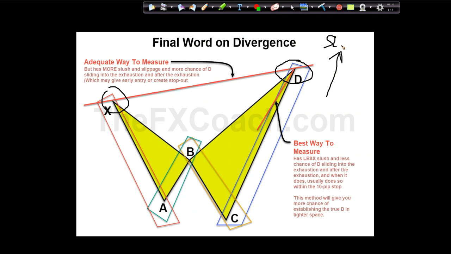You introduce slush in that measure. We want to keep it low. To keep it low slush, you want to measure inside the CD channel.